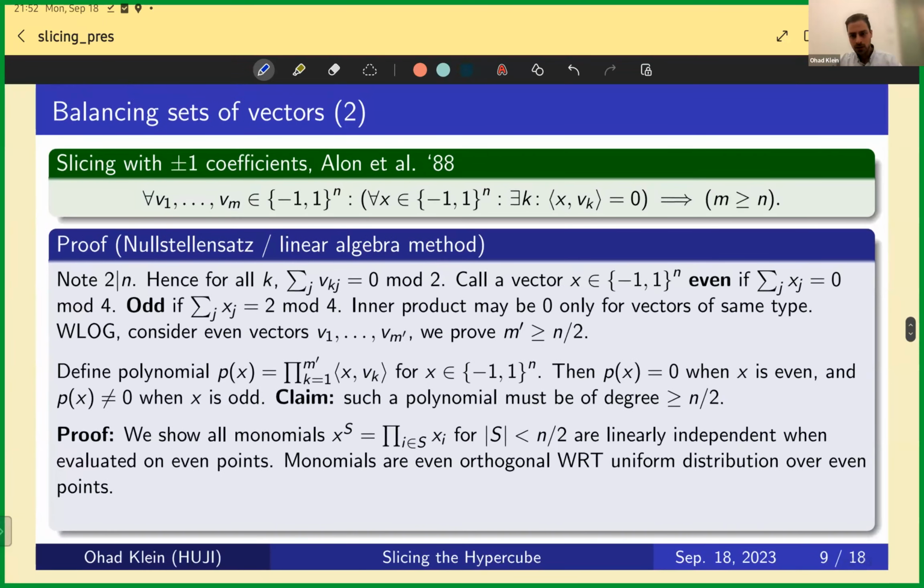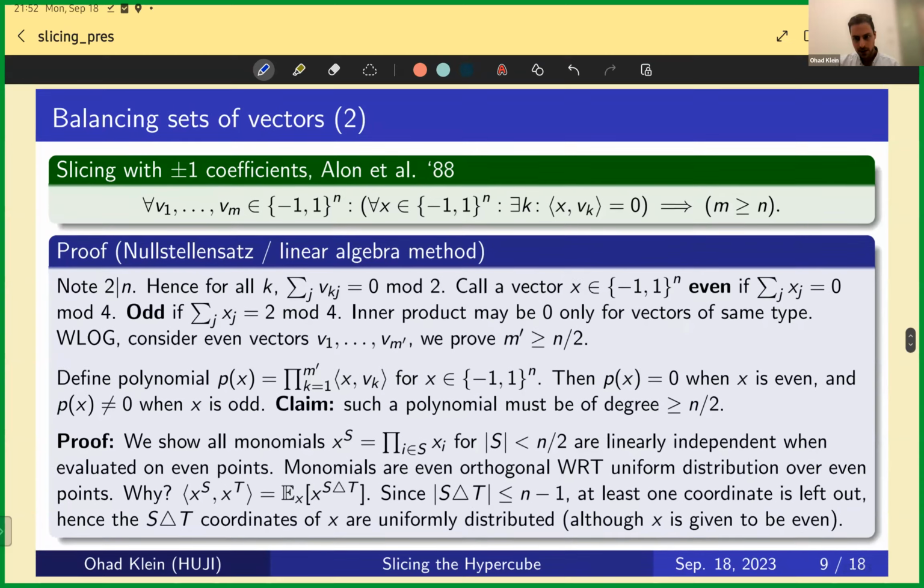What we're going to show is that the monomials are in fact orthogonal with respect to the natural inner product defined over the uniform distribution of even vectors x, and this will imply that the evaluations are in fact linearly independent.